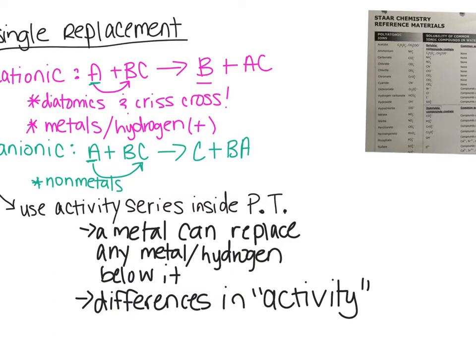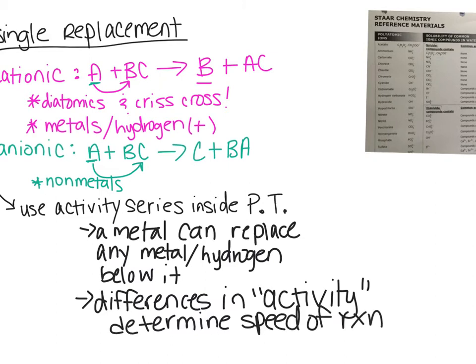So differences in activity determine speed of reaction. That's not the only thing that determines speed of reaction; that's a whole other unit. But make note of it in your lab.